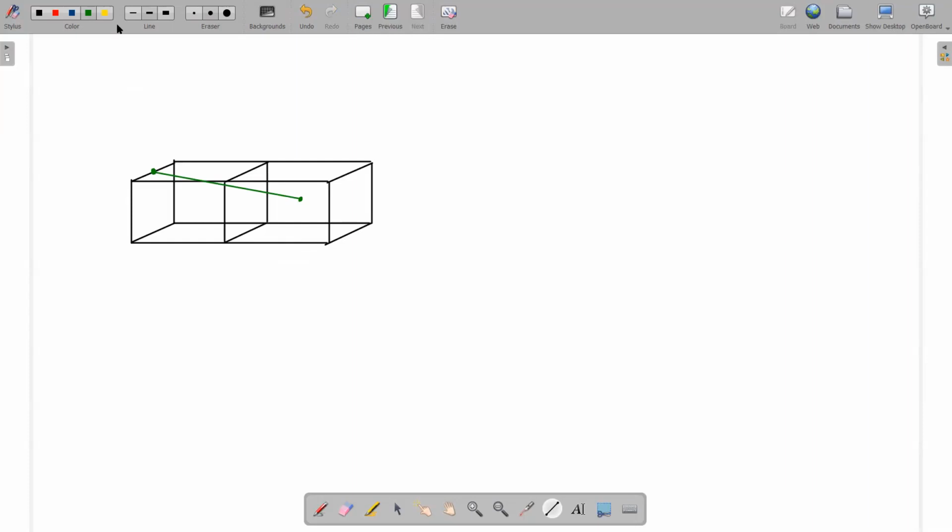The edge length is again A. All the edge lengths are A, so you don't have to worry about that. This is A, and even this is A.